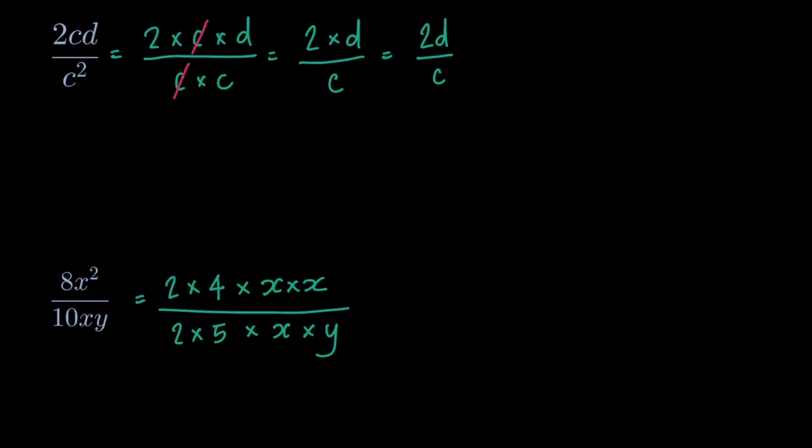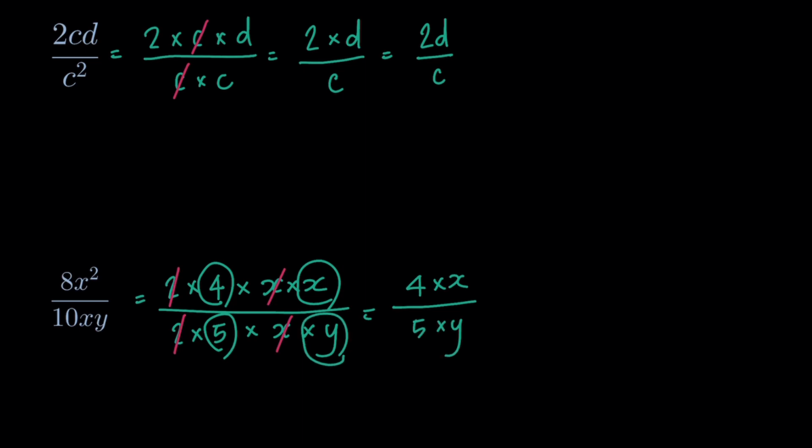What are the common factors here? I have a 2 and a 2, so cancel it out. I have a pair of x, so 1 on top, 1 on the bottom, so cancel it out. And I am left with the 4 and the x, so 4 times x, and the 5 times y.